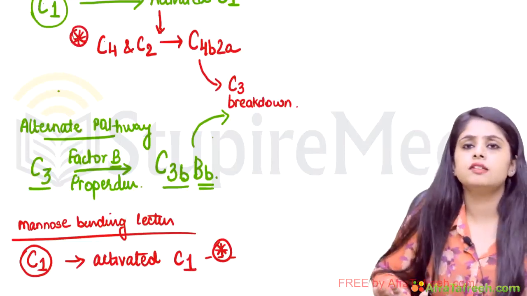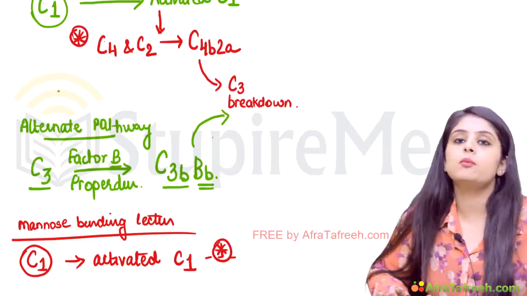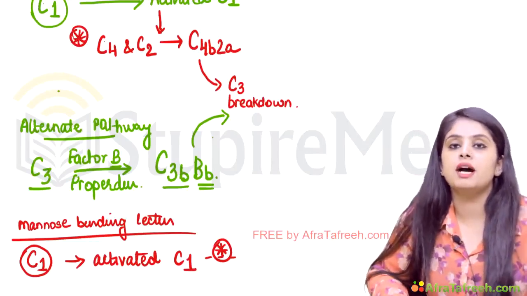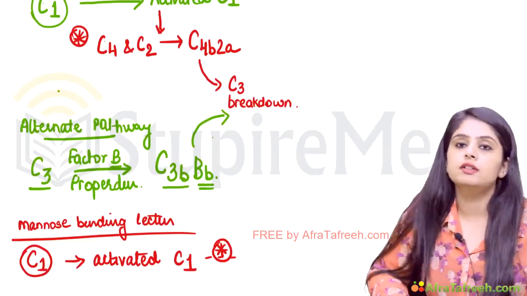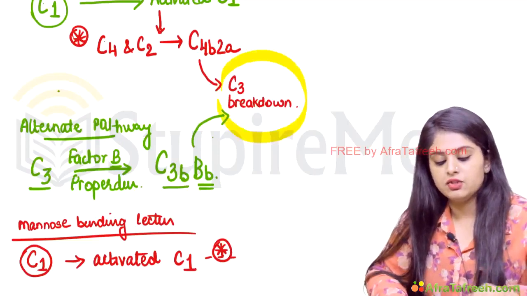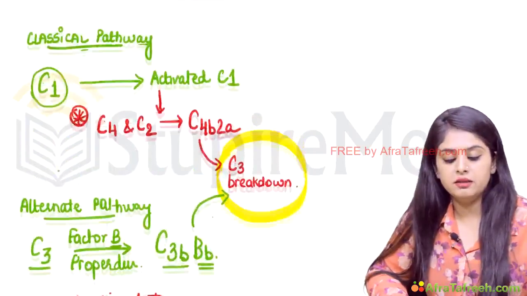So everything is the same as the classical pathway, only the trigger point is different. In classical pathway, it was immune complexes like IgM, IgG. Over here, it is the mannose. Ultimately, all of them have finally converged onto causing C3 breakdown.